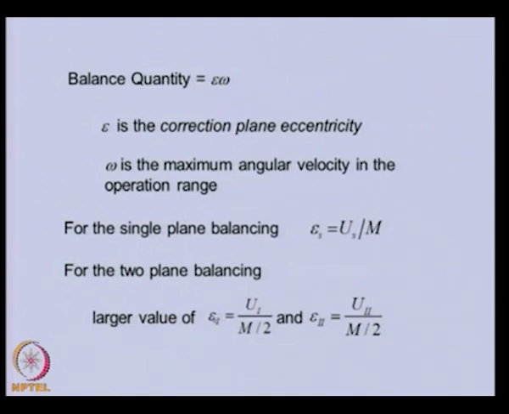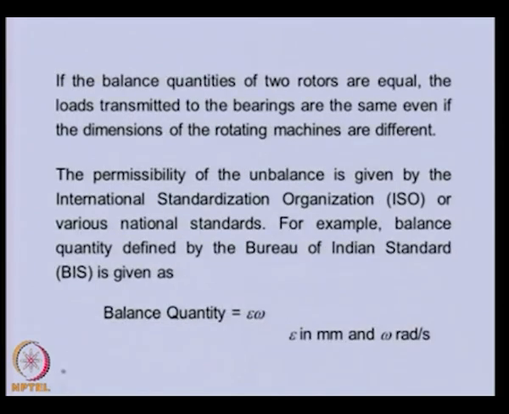In this case, whichever is the larger value will be the balance quality of the rotor. If the balance quality of two rotors is equal, the loads transmitted to the bearings are the same, even if the dimensions of the rotating machines are different.